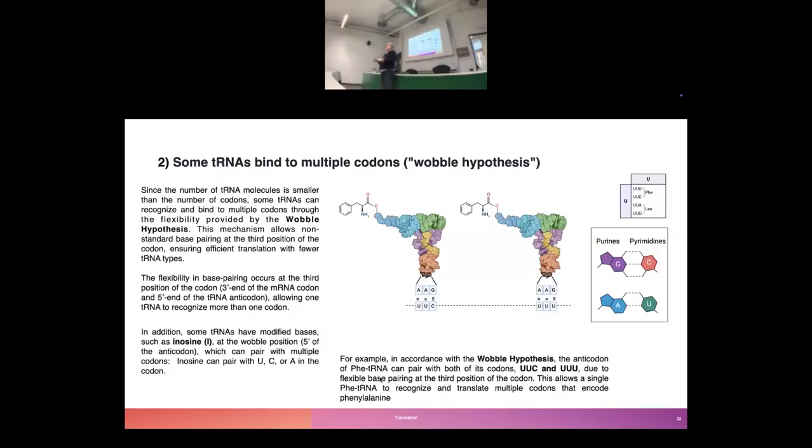So now we could understand how the match between 20 amino acids, 20 amino acid tRNA synthases, is possible with the 45 tRNA, because of the accommodation in the pocket due to the same surrounding nucleotides with respect to the specificity of the amino acid.